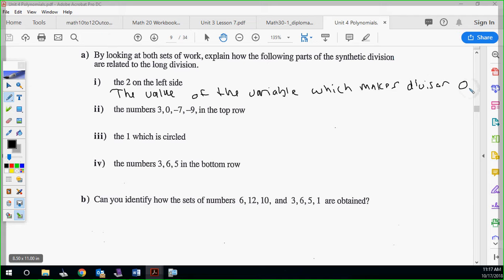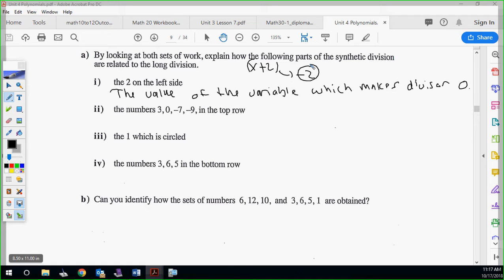The reason is, if I say x plus 2 is a factor, what makes x plus 2 zero? -2. So -2 is what we would divide. You're dividing by the zeros to see if it works.